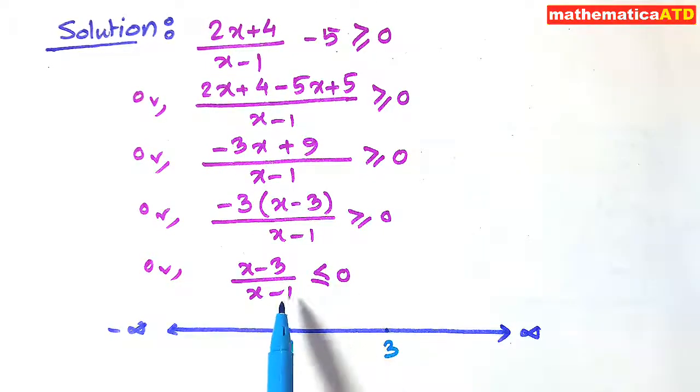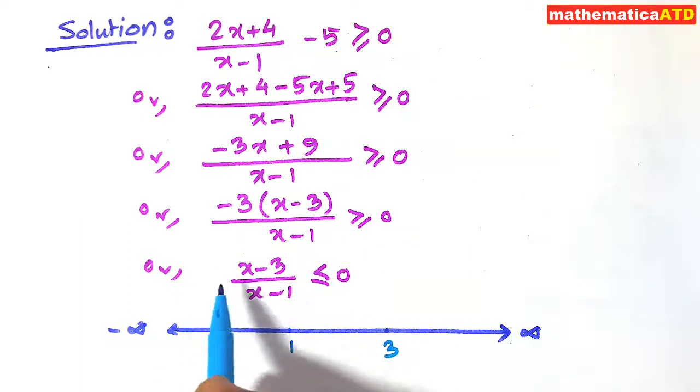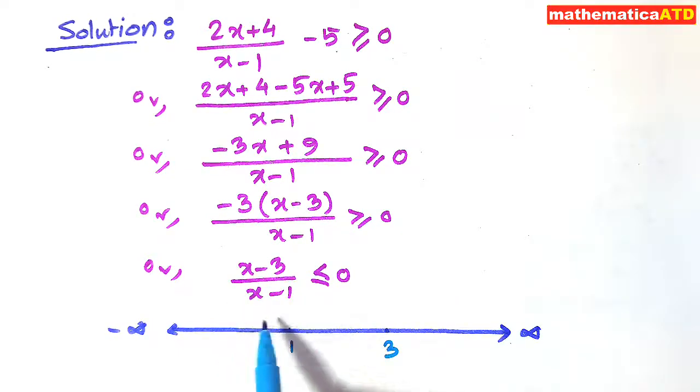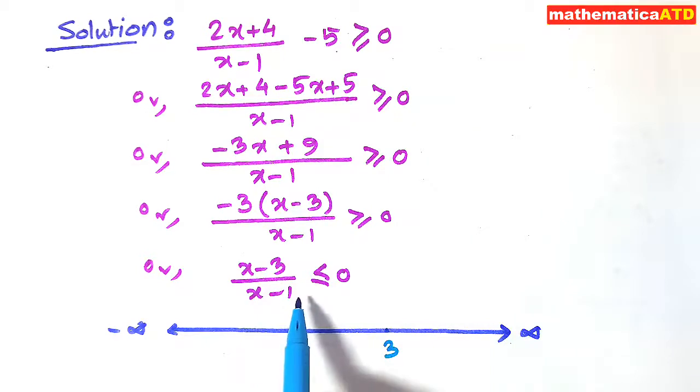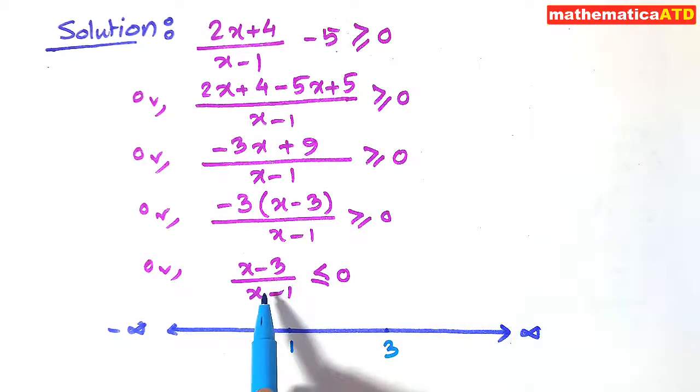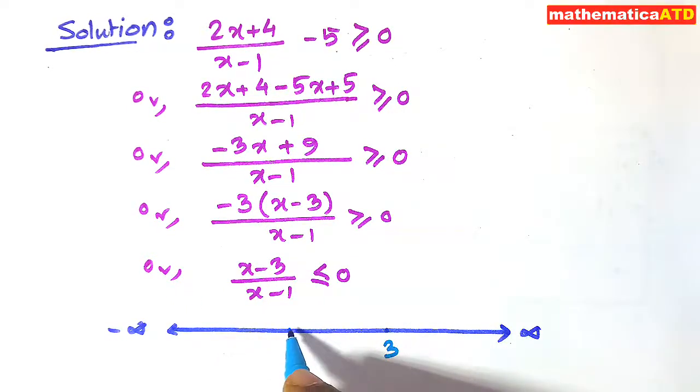Friends, we shall see whether there is any disturbance in this inequation. First of all, we shall check the denominator. The denominator is x - 1. If we put x = 1, then the denominator becomes 0, so the inequation will not be defined. For this, we discard this point, x = 1.